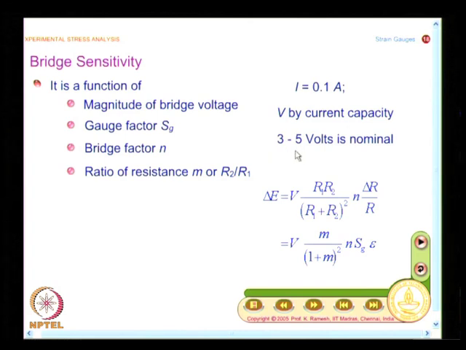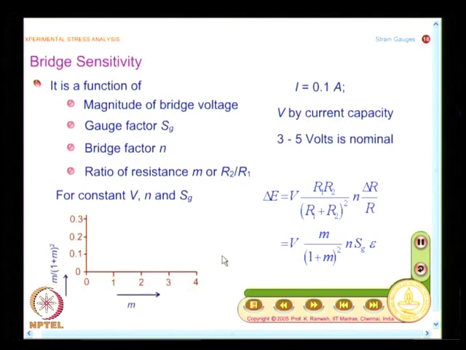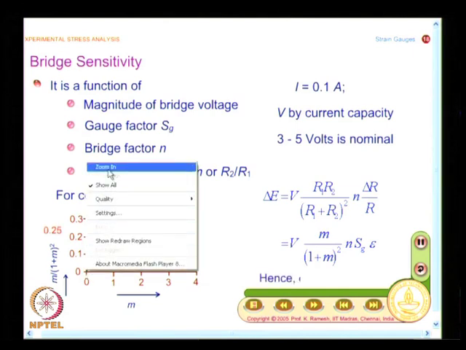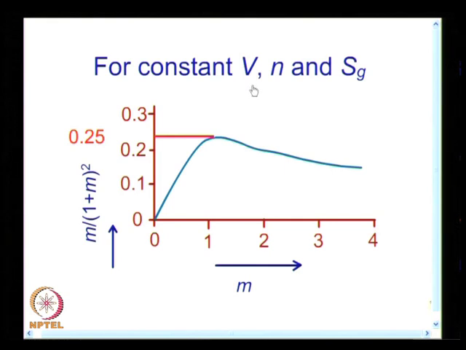So, now what I will have to do is, with these constraints, I must maximize this term m by (1 plus m) whole square. So, if I look at its variation, how does it appear? What I have here is, for constant voltage, bridge factor n and the gauge factor Sg, you find the ratio m by (1 plus m) whole squared reaches a value of 0.25 when m equals 1.